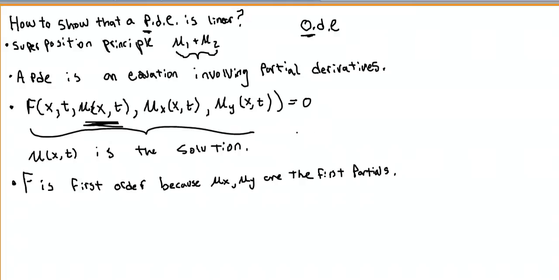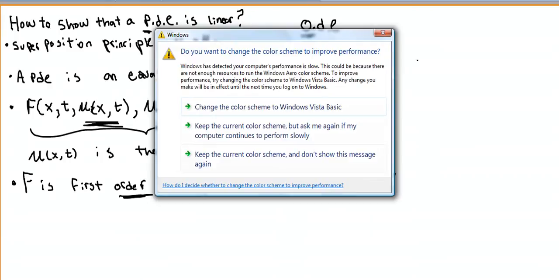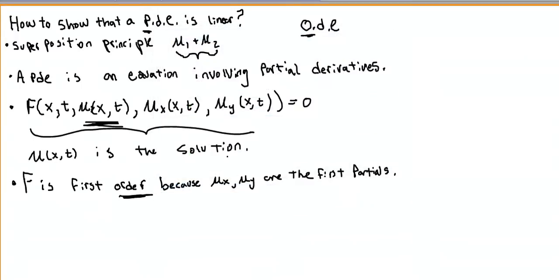So those are the properties. We usually discuss these properties because we have order as a property that we're interested in, and we also have linearity that we're interested in.